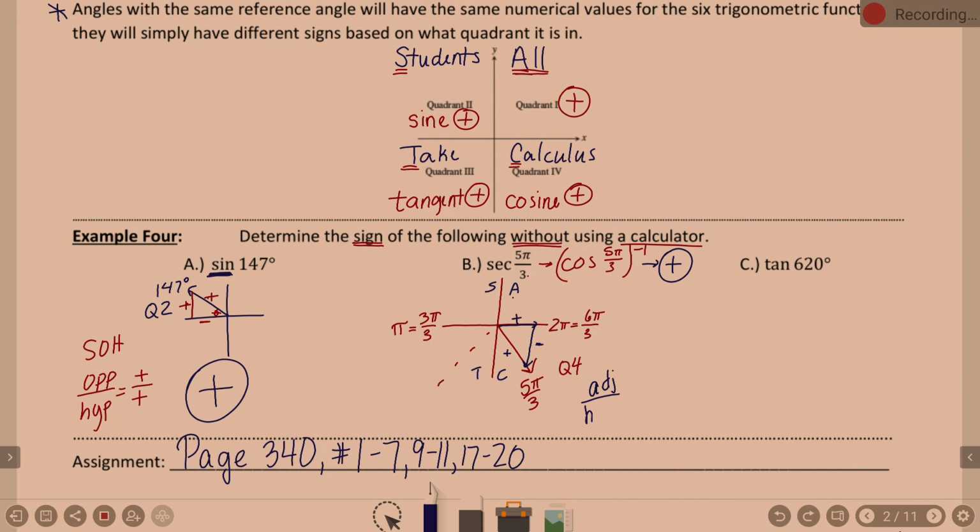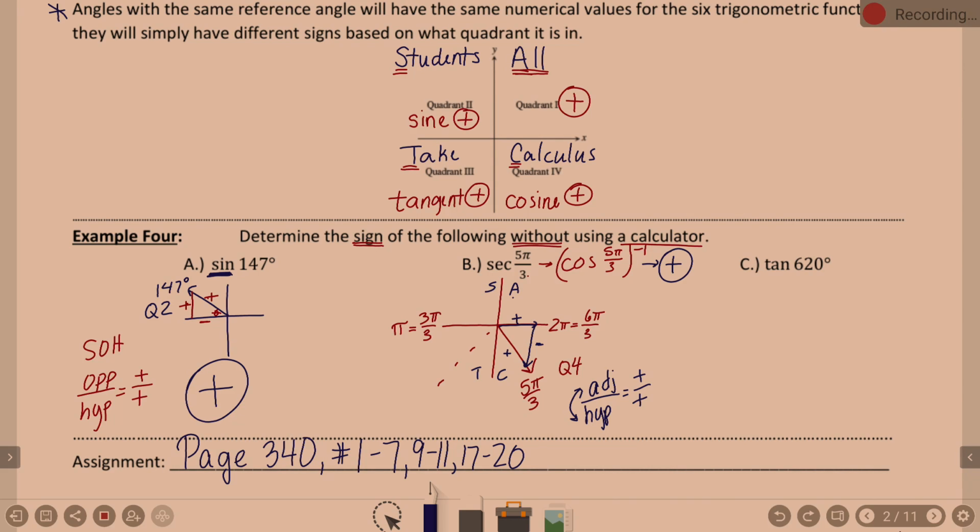Adjacent over hypotenuse, which is positive over positive. And then if you reciprocal that, that's still positive over positive, isn't it? Because technically for secant, we would have to reciprocal it. But now, can you just use the shortcut? Yes. However, I feel like if I don't, as the first time we go through this, explain why the shortcut is the way it is, you're not understanding.